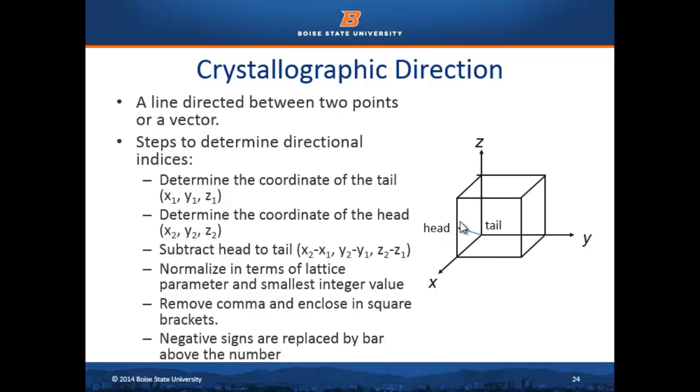Then we just subtract tail from head, for example x2 minus x1, y2 minus y1, and z2 minus z1. Normalize in terms of the lattice parameters and the smallest integer values. To clean it up, we remove commas and enclose in square brackets. Negative signs are replaced by a bar above the number.